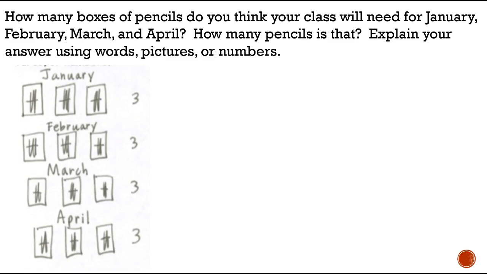Okay, so this is what I did. I drew 3 boxes of pencils for each month. So January, I drew 10, 20, 30. That would be 30 pencils altogether. Same with February, March, and April.